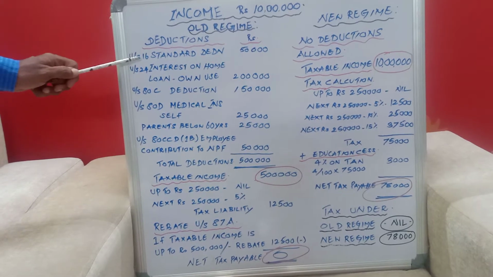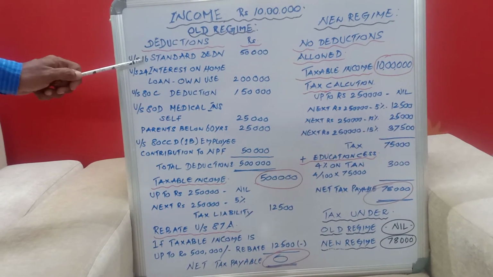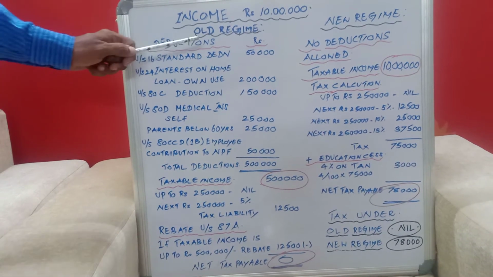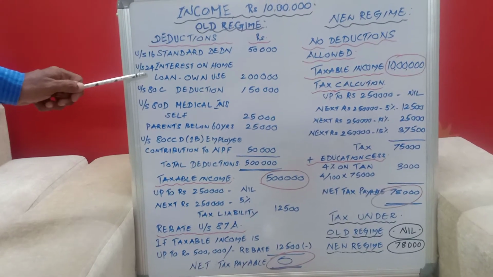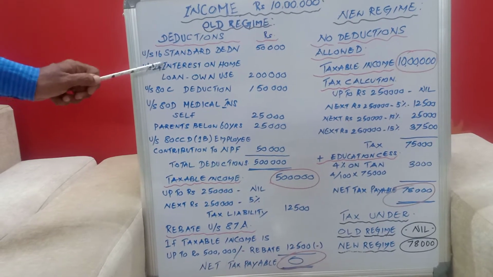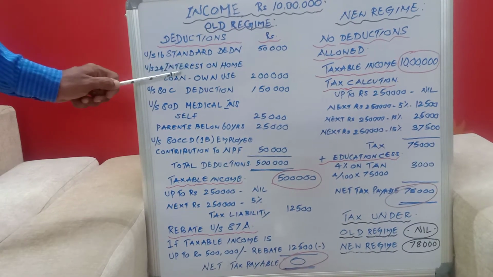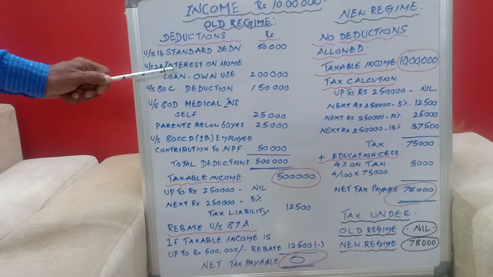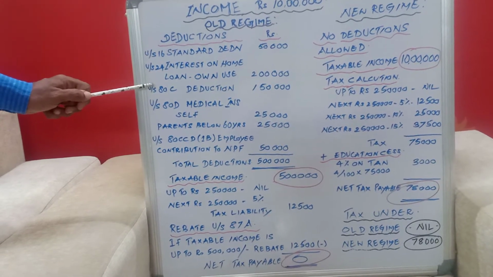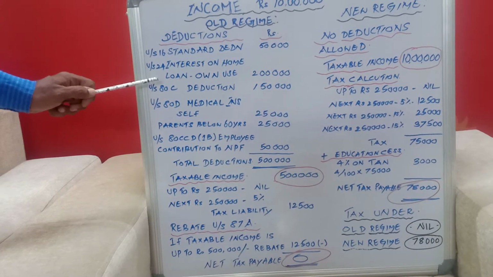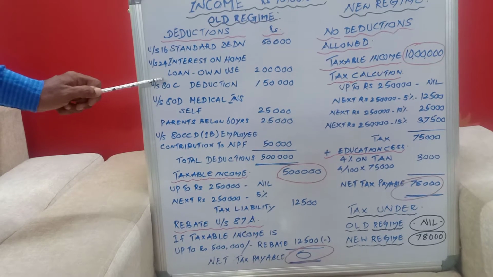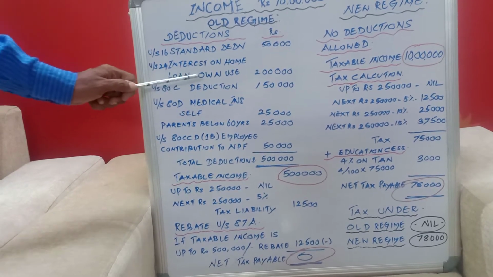Deductions under section 16, standard deduction for salaried as well as pensioners, 50,000. Under section 24, interest on home loan: since the house is self-occupied, 2 lakhs maximum interest he is claiming. Under section 80C, various deductions like LIC contribution, contribution to PF and public provident fund, tuition fees, etc., in total maximum 1,50,000.